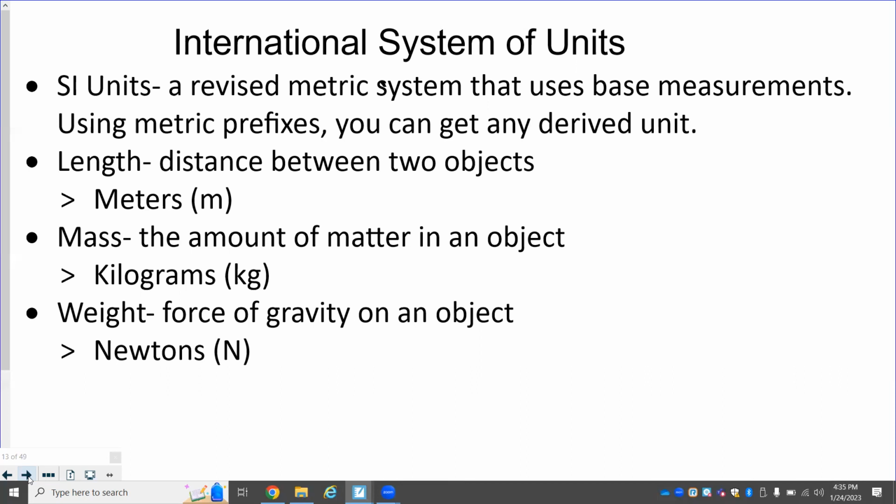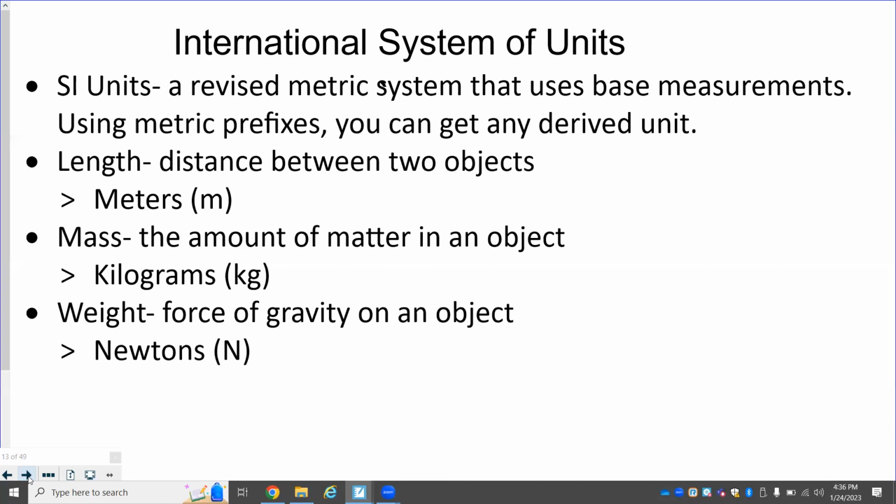It may make more sense to use centimeters or millimeters. Or I live in Kannapolis. It may not make sense for me to measure from Hickory Ridge to my house in Kannapolis in meters because it's a further distance. However, I can use kilometers instead of meters because it's a larger unit. It's going to make a little more sense for our measurement.